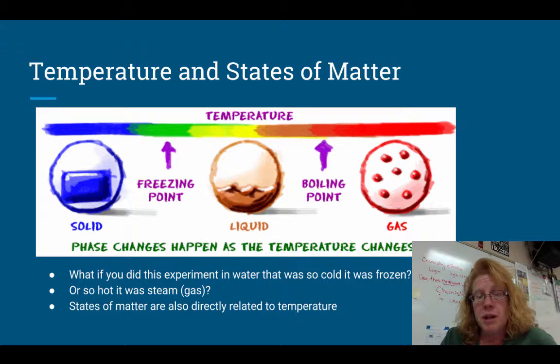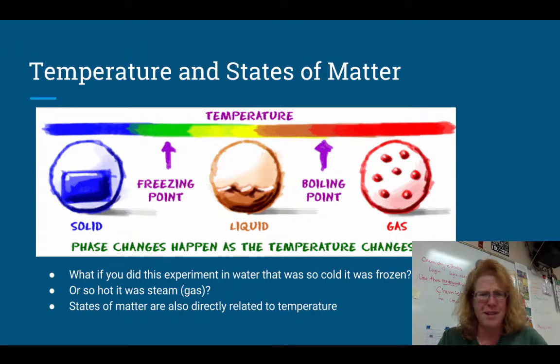So this relates directly to this idea of states of matter. States of matter are all about temperature, and by temperature, they're all about molecular motion. A solid and a liquid and a gas of the same material is simply a difference in molecular motion of the molecules within that particular matter. So if you had something that was frozen, those molecules are moving really, really slowly.